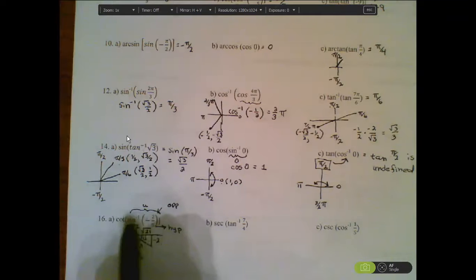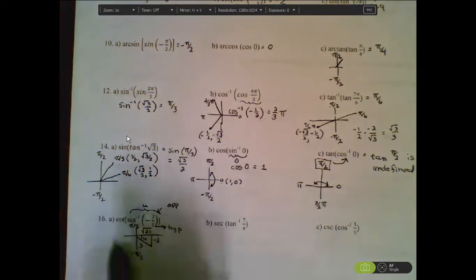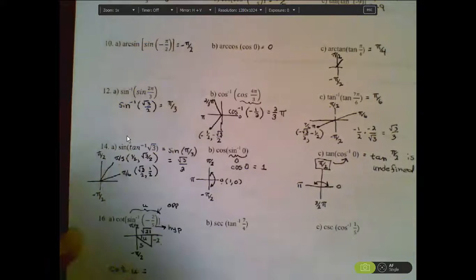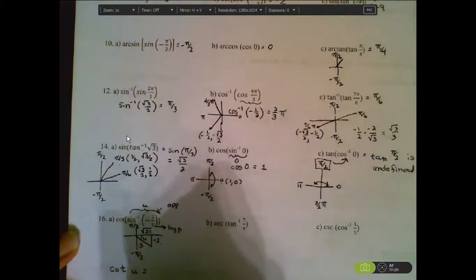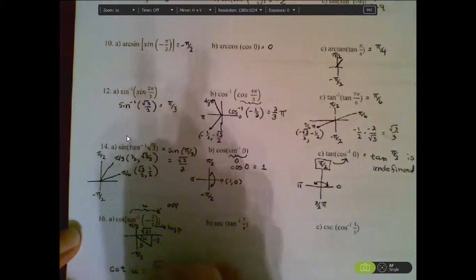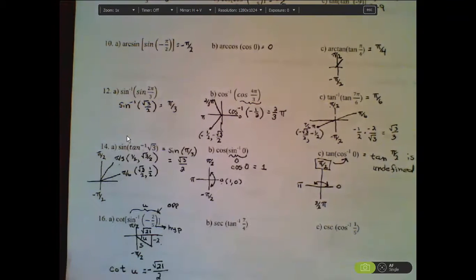So if I call this angle that I was looking for U, I can say the cotangent of U is adjacent over opposite, and I'm just going to put that negative out front: negative square root of 21 over 2.